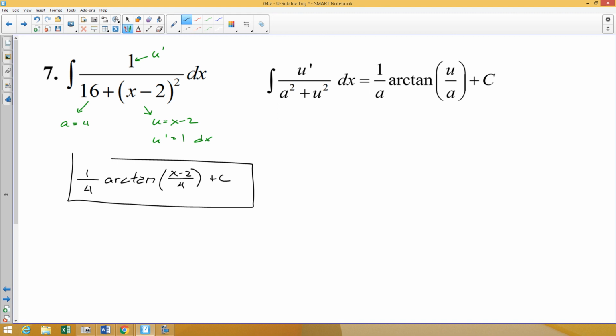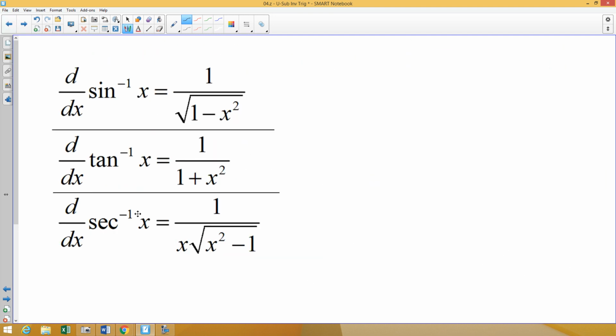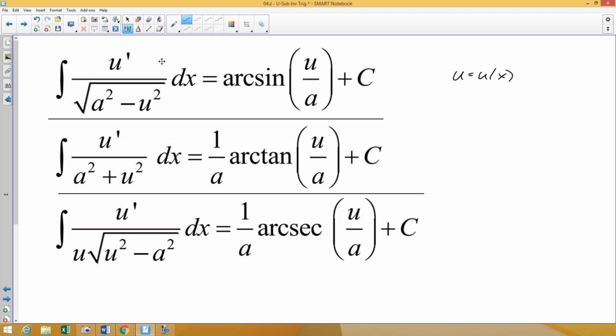So there is a crash course on some antiderivatives involving inverse trig. You must learn at the very least these basic trig derivative formulas. It is a huge help if you can remember these formulas right there.